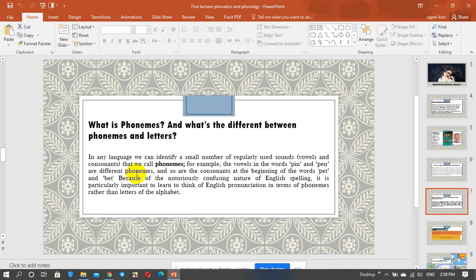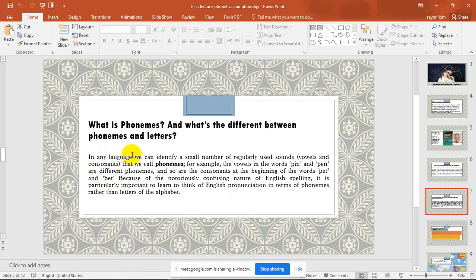In any language, we can identify a small number of regularly used sounds, which are vowels and consonants, that we call phonemes. For example, the vowels in the word pen and pan are different phonemes.